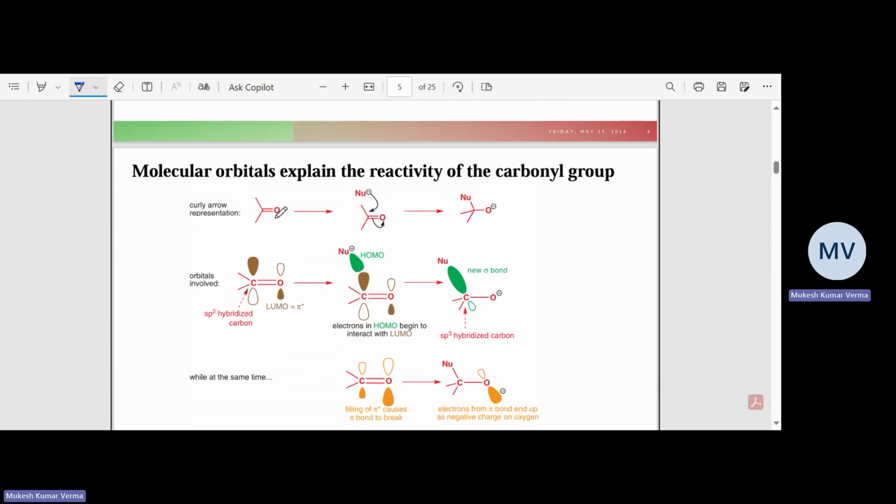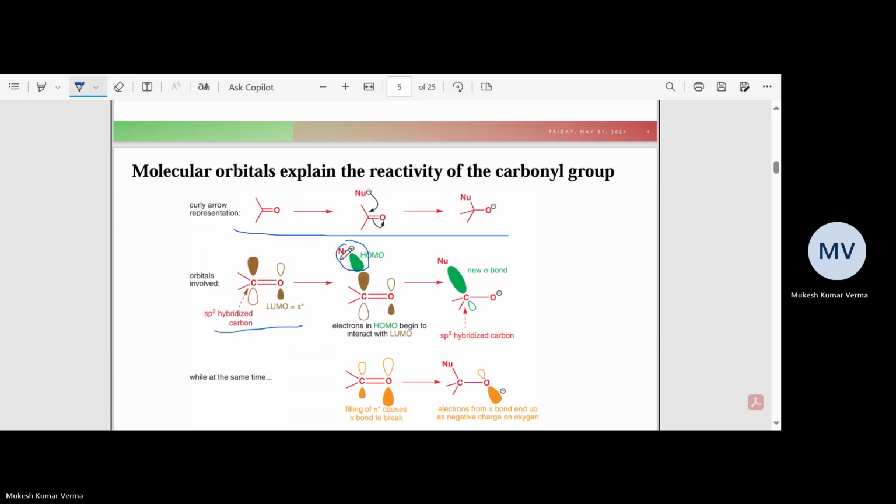The reactivity of the carbonyl groups toward nucleophilic attack is simply represented by these reactions. Firstly, the LUMO, that is the lowest unoccupied molecular orbital, of the carbonyl group is the pi-star orbital. The carbon atom is attacked by the nucleophiles. A nucleophile is an electron-rich species, therefore it has electrons in the highest occupied molecular orbital, the HOMO.